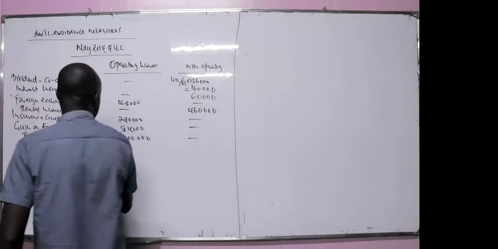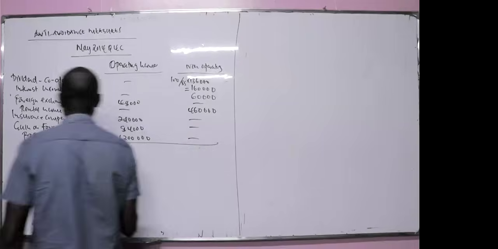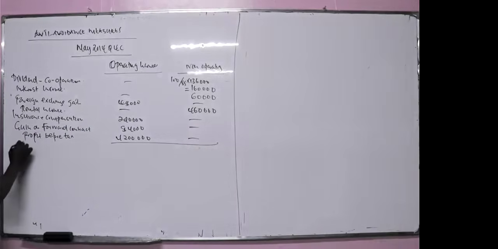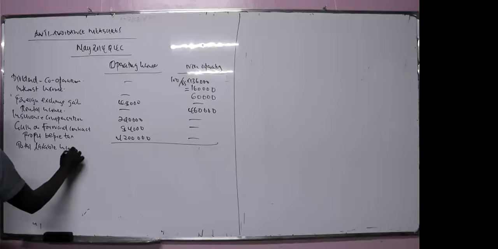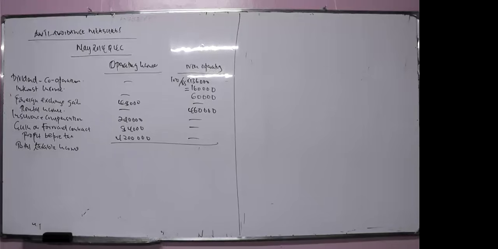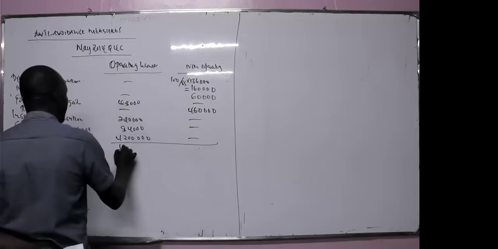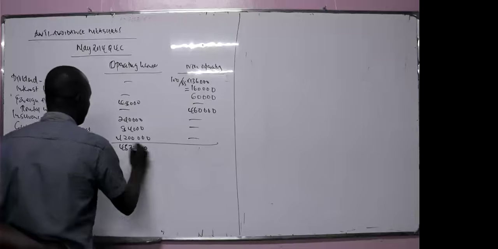So we got the total taxable income. Total taxable income here, so we add. Which one? 45, 72,000.